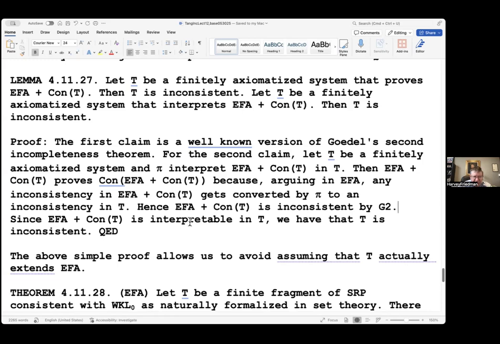Hence, EFA plus con T is interpretable in T. Since EFA plus con T is interpretable in T, we have that T must be inconsistent.